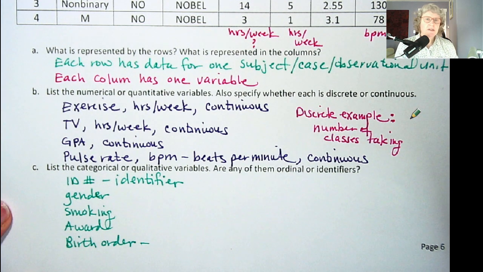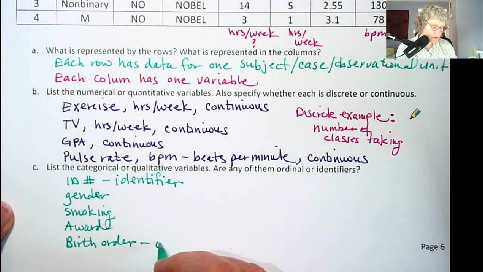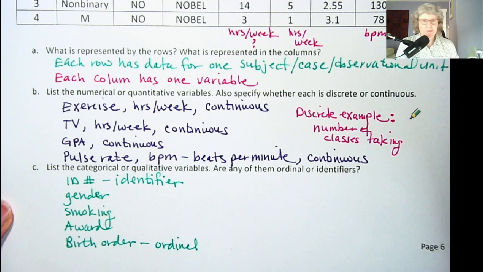We wouldn't necessarily average that. It doesn't really make sense to average birth order. So I actually would think of it as more of an ordinal, because first was born before second, second was born before third. So I would say that's an ordinal categorical.